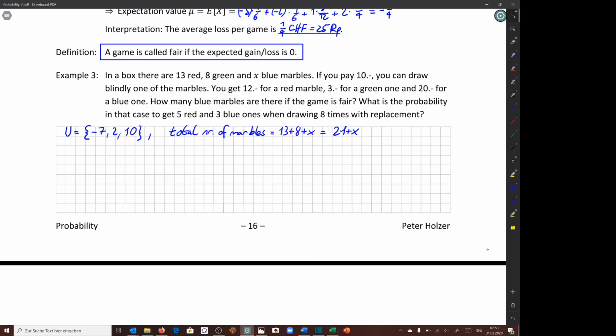In total, there are 21 plus x marbles, the 13 red, the 8 green, and the x blue ones. The random variable x is the net gain or loss, so you can now find the expression for the expectation value of x, and since we know that it has to be 0, you can calculate small x, the number of blue marbles. Do that on your own, stop the film, and here comes the result.